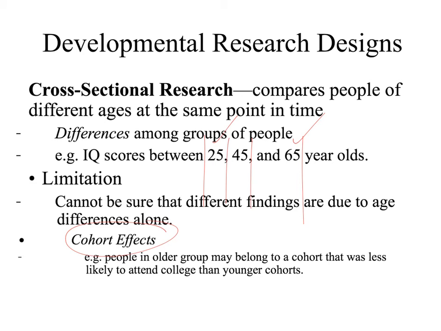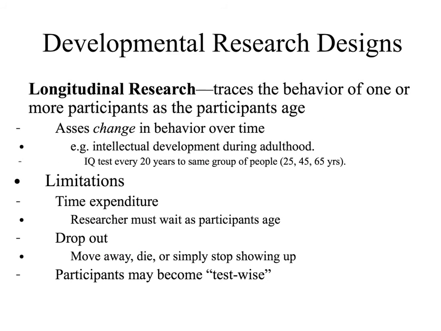Therefore, if we were to bring 65 and 45-year-olds to the mix in comparison to 25-year-olds, it's possible that based on the questions that are in the traditional IQ test, the 25-year-olds would score higher, but it would not be due to age alone. It would be due to the era in which the 65-year-olds lived and the era in which the 25-year-olds live. Another popular study, but not so common because of how expensive it can be, is the longitudinal research.